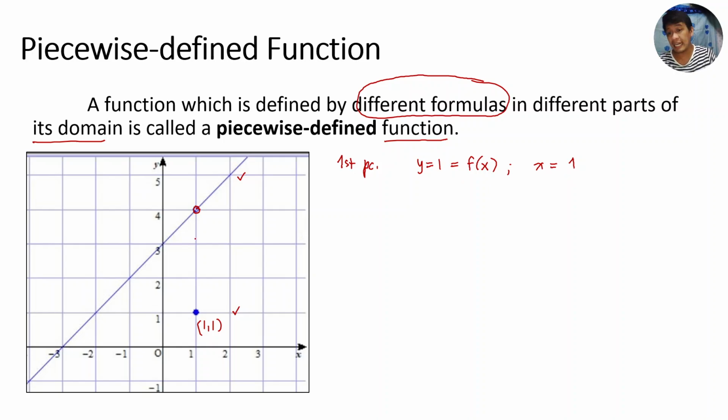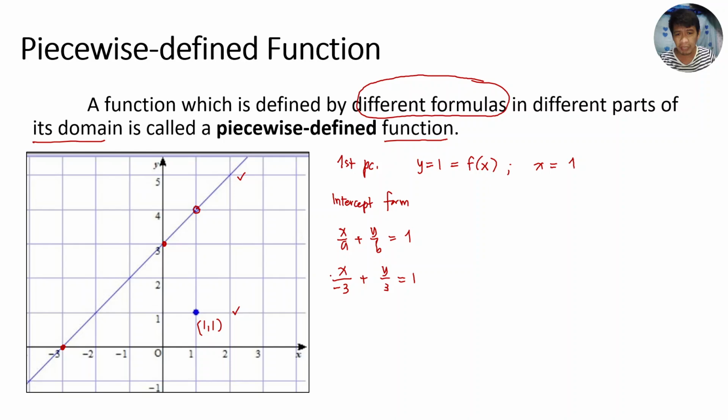For this line, meron tayong y-intercept at meron tayong x-intercept. So using intercept form, sa ating analytic geometry noon, we have x over a plus y over b is equal to 1. So substituting, x over negative 3 plus y over positive 3 is equal to 1. Remember, y is a function of x.